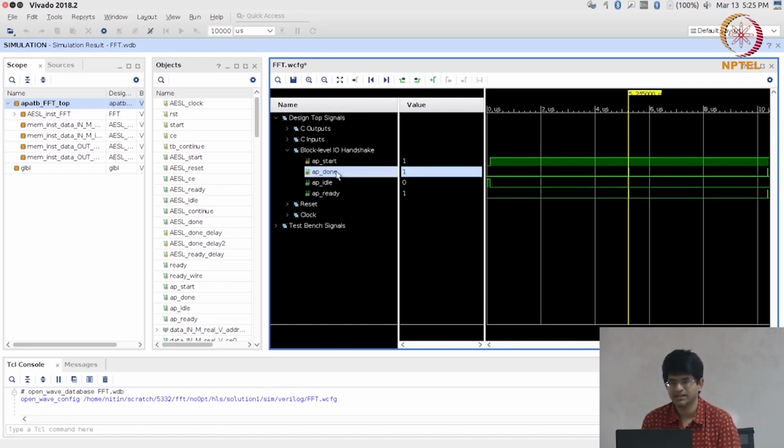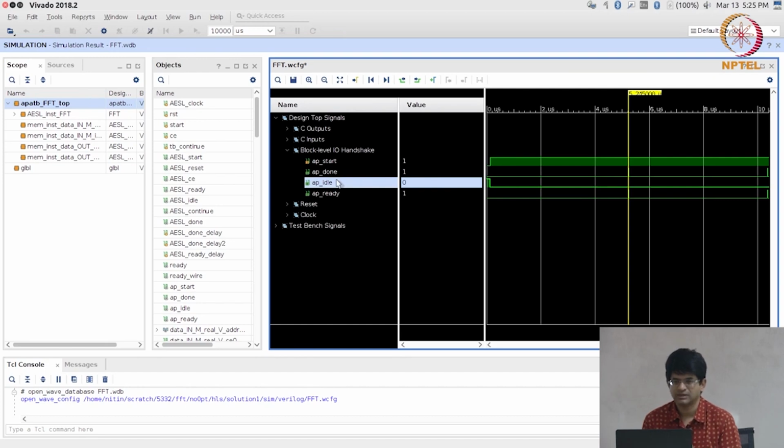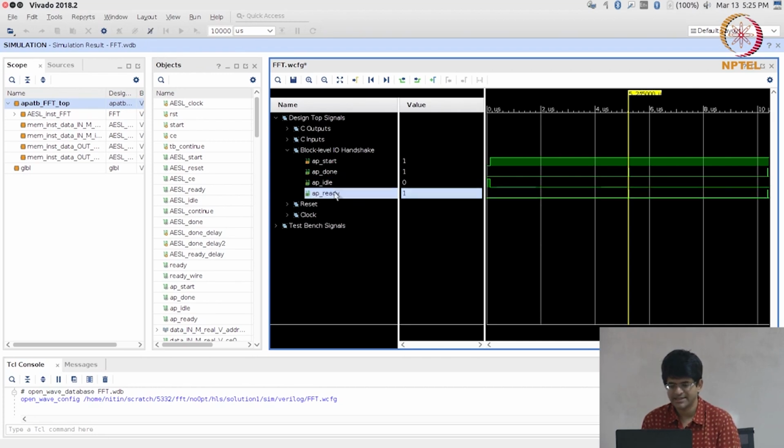Then there is a done signal which the FFT module should return after it has completed operation. There is an idle signal which, as long as it is 1, means the core is not doing anything, and you can try to give it new inputs. And the ready signal, which is once again indicative of whether the core is ready to accept new data.